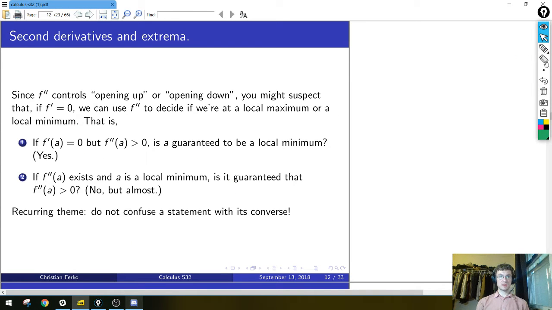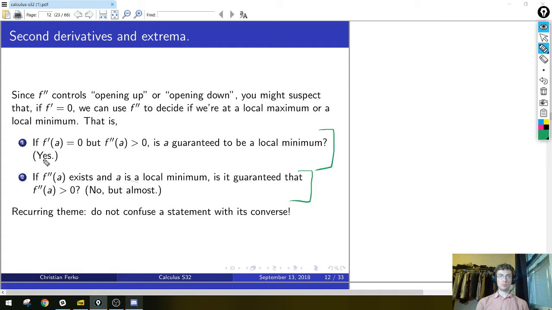So, just to reiterate the intuition I just gave, if the second derivative controls whether you open up or open down, you might think that at a point where the first derivative is 0, we can use the second derivative to decide whether it's a local max or a local min. Let me put a bit more flesh on that. There are two directions here that we're conjecturing.